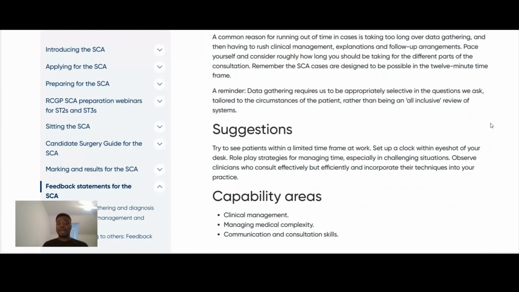I always tell my friends, when you are in ST3, one of the ways you can pass your exam is to begin as early as you can to see patients in the duration of the exam, which is 12 minutes. If you're towards the end of ST3, preparing for your exam, and you're spending 15-20 minutes seeing a patient, you are not likely to be ready for this exam. So those are some of the discussions to have with your supervisor.